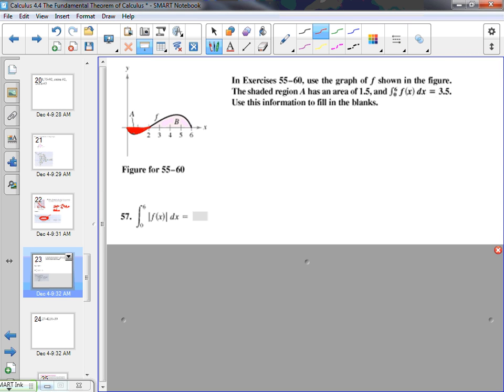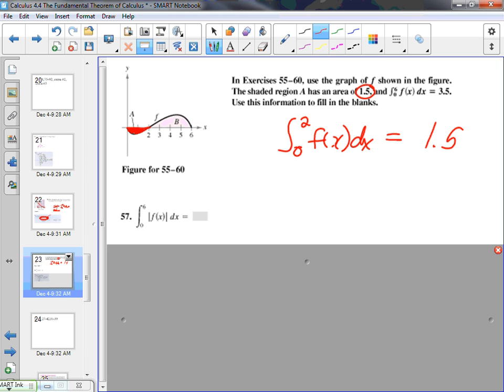If that area is 1.5, then the definite integral from 0 to 2 of f of x dx, they do call it f, gives us the signed area, doesn't it? And since that entire region is under the x-axis, if the area of that region is 1.5, would the definite integral equal 1.5?